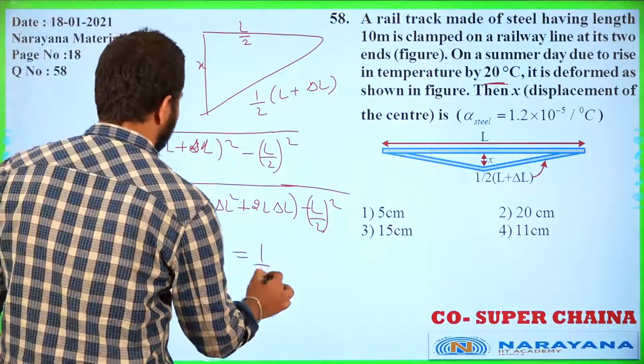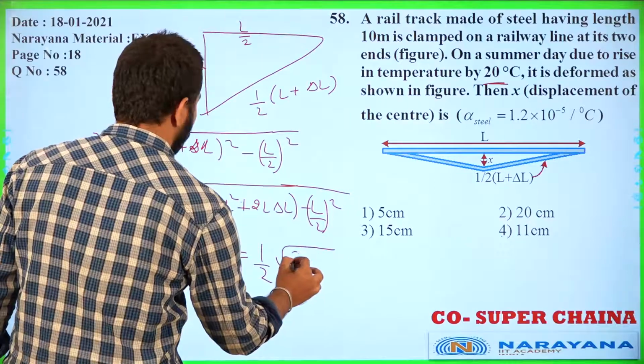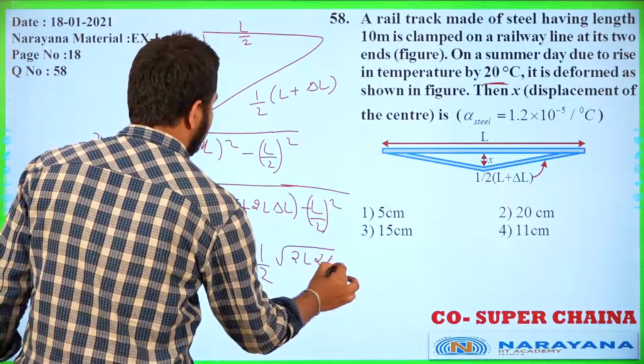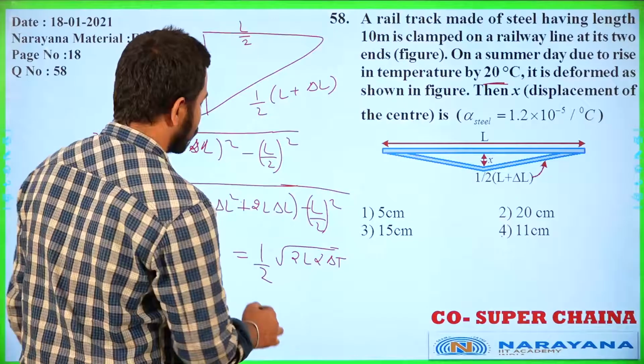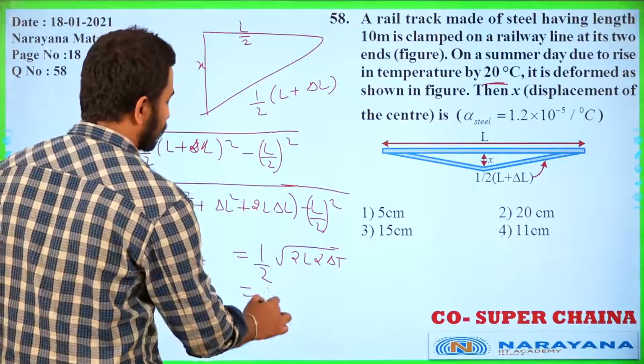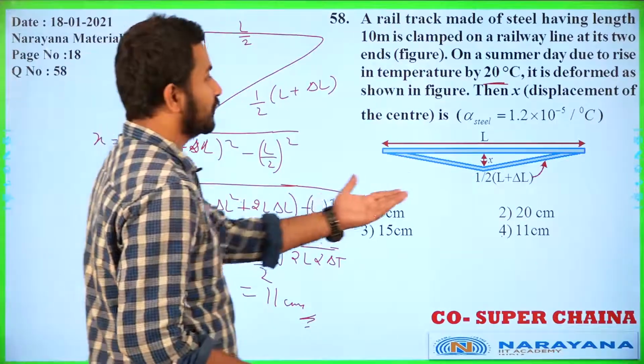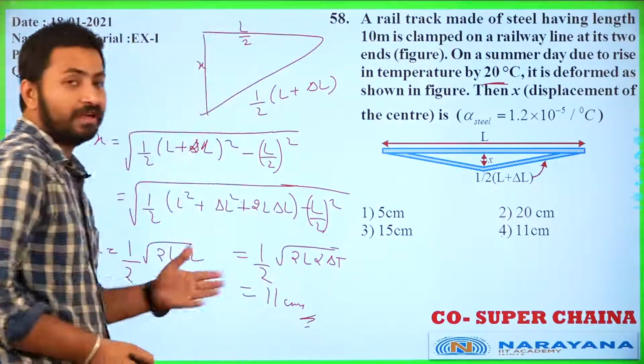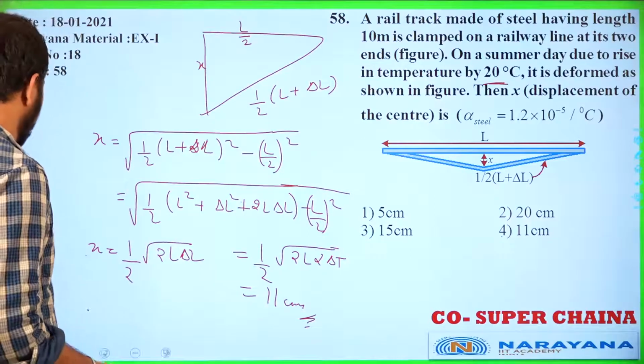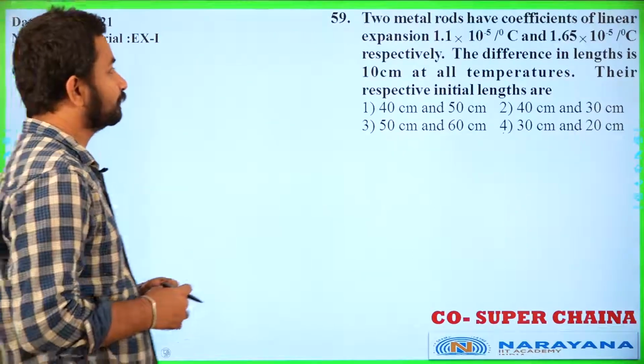So this will be half into under root of 2L alpha delta t. If you substitute the values here, this value will be coming as 11 centimeter, and that will be the answer for this question. Here displacement you need to find, and this is how we get the displacement, right? So let's proceed to the next one now.